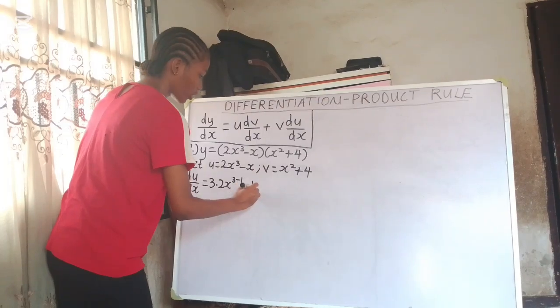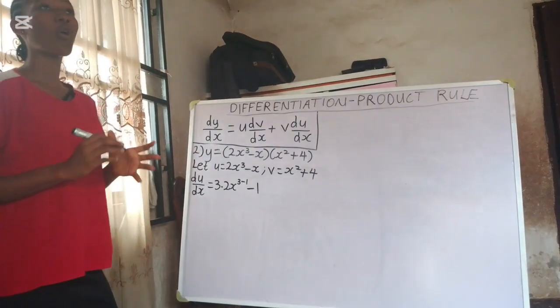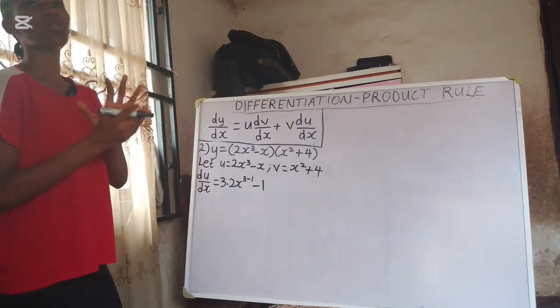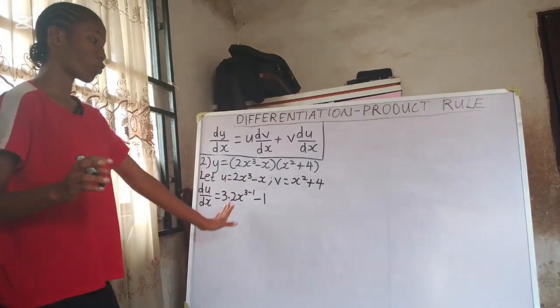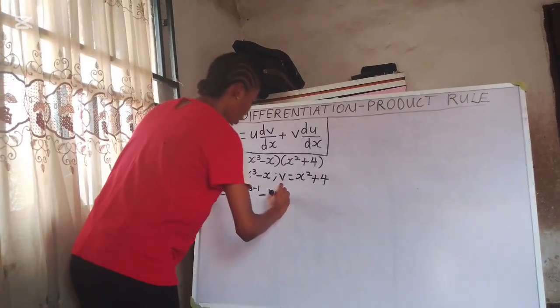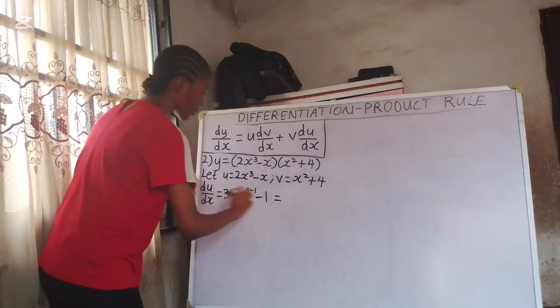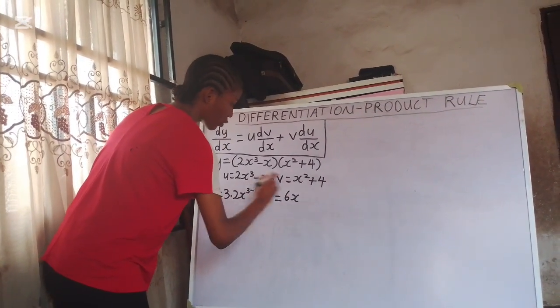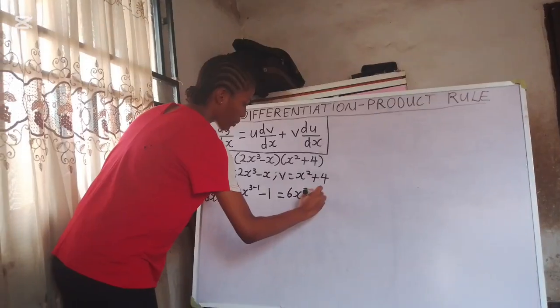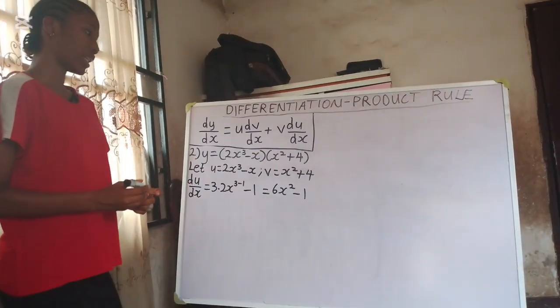X will give us 1 if we differentiate. The derivative of a single parameter without any coefficient will give you just 1. So now, this will be equal to 3 times 2, this is 6x, 3 minus 1, 6x squared minus 1. This is du by dx.